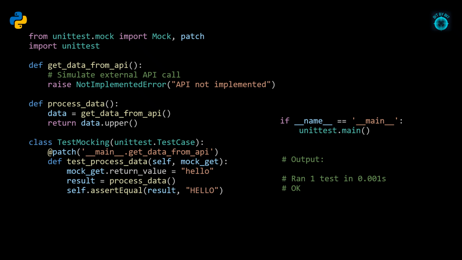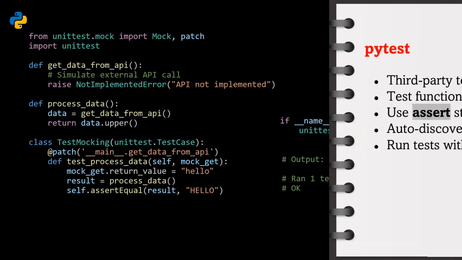We then assert that the result is "HELLO", which proves the function works correctly when given valid input. This approach lets us test the internal logic of processData without depending on unfinished code or unreliable external services. Mocking like this is a key part of writing clean and independent unit tests.